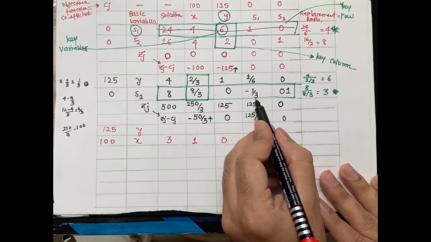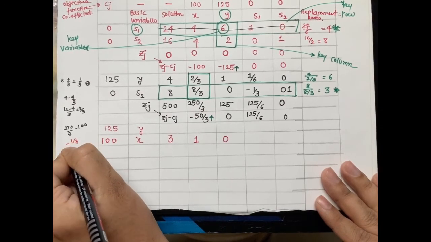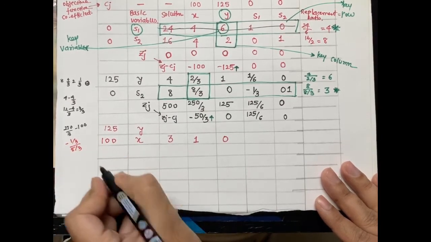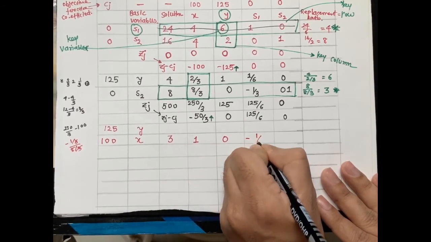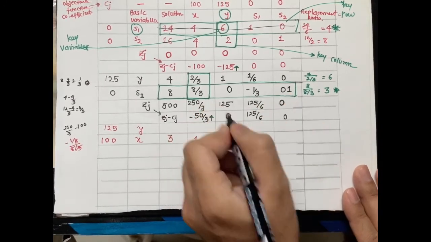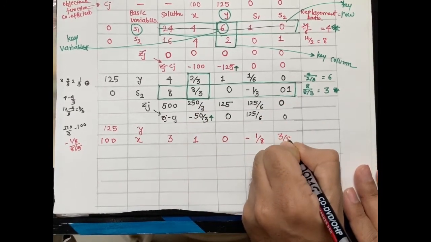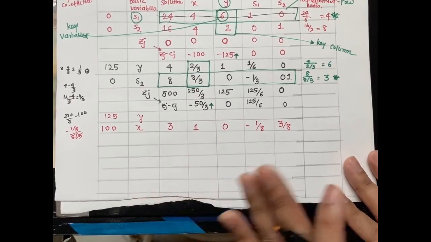Minus 1 by 3 is divided by 8 by 3, so the 3 gets cancelled out. What I have residual is minus 1 by 8. 1 is divided by 8 by 3, so that I am getting as 3 by 8. Yes, so this row is clear.